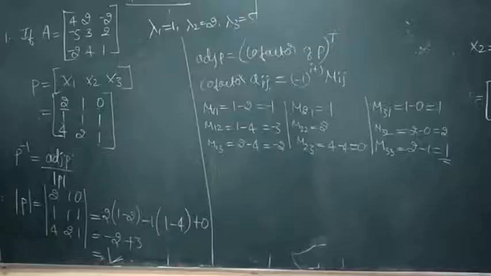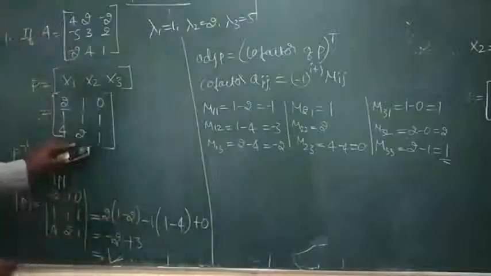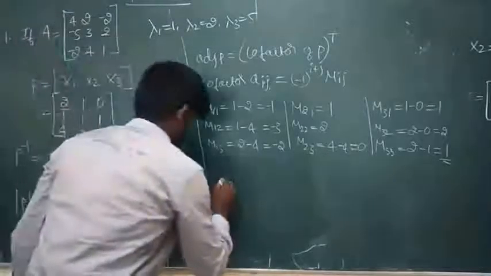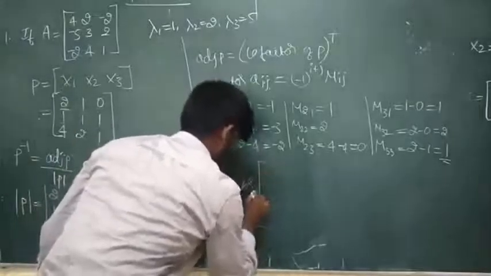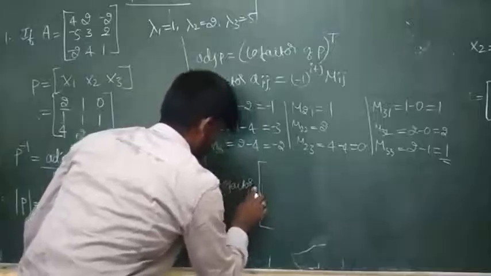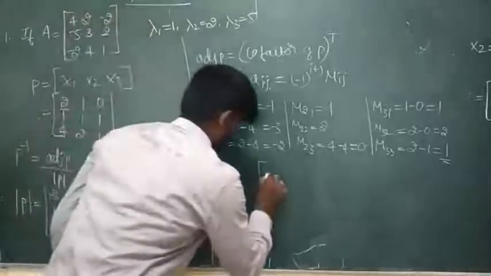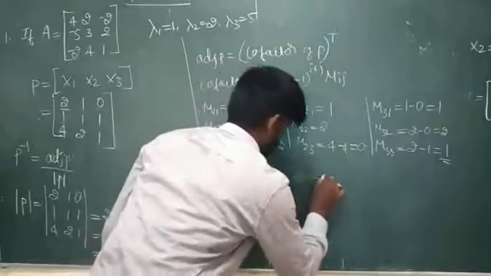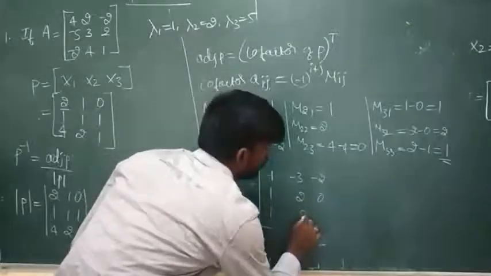Using these minor elements, if we find the cofactor of this matrix, the matrix of minors is minus 1, minus 3, minus 2, 1, 2, 0, and 1, 2.